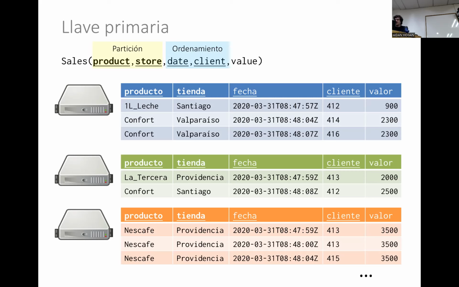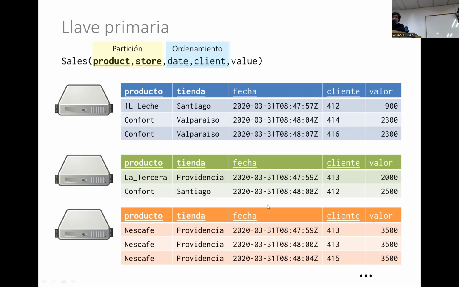So it will accept queries where we specify the product and the store. For example, Nescafé Providencia. We can do select star from sales where product equals Nescafé and store equals Providencia. And this is a perfectly valid query, okay?